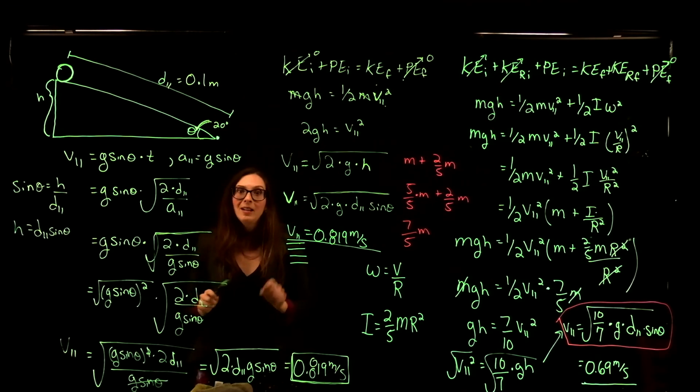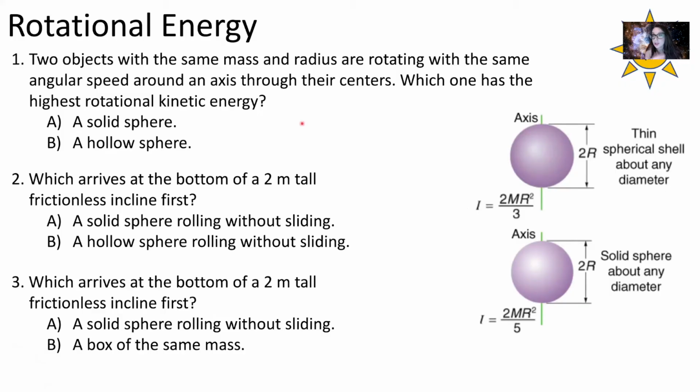For this engagement check question, I'm going to ask you to think about rotational energy. We're going to have two objects with the same mass and radius, and they are rotating with the same angular speed through an axis through their centers. Which one has the highest rotational kinetic energy? Is it a solid sphere or a hollow sphere?